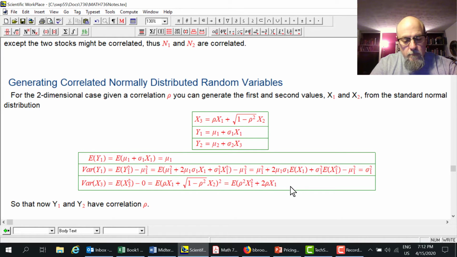And finally, plus this piece times this piece, and squaring is just going to get rid of the square root sign.